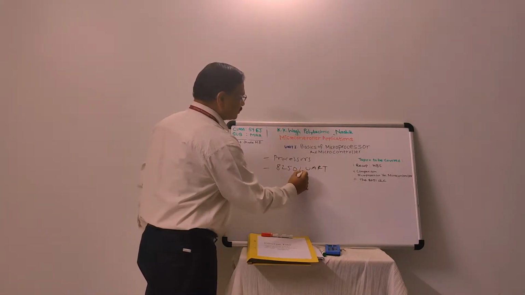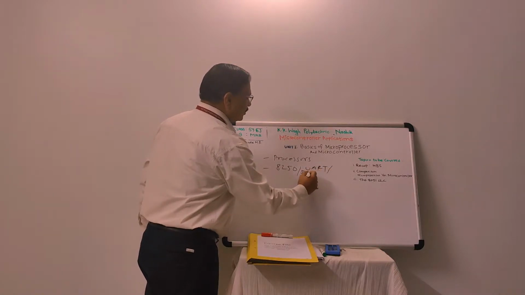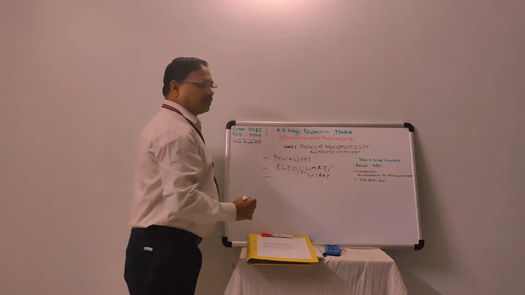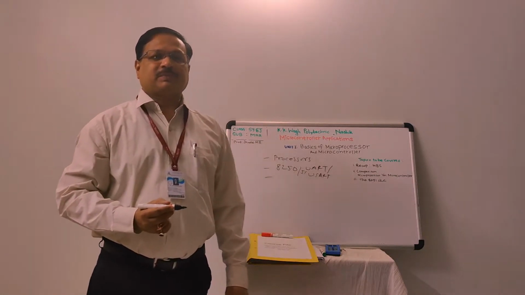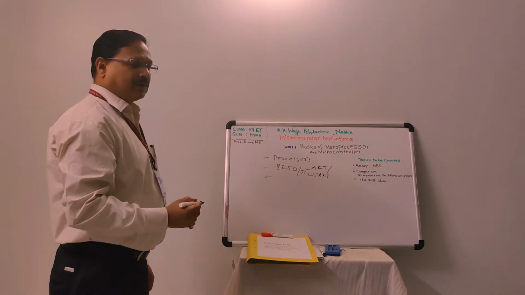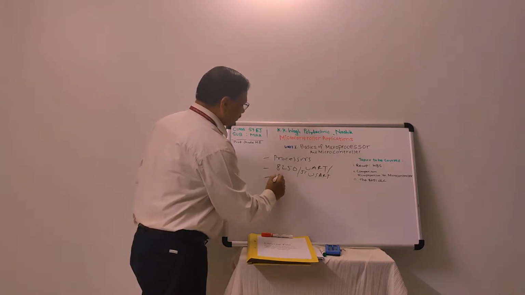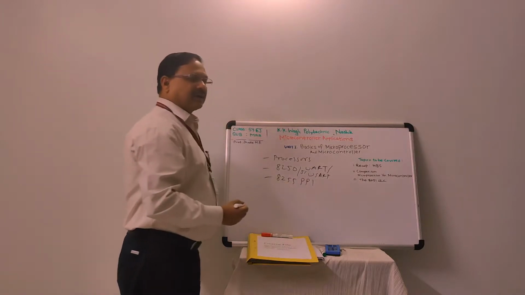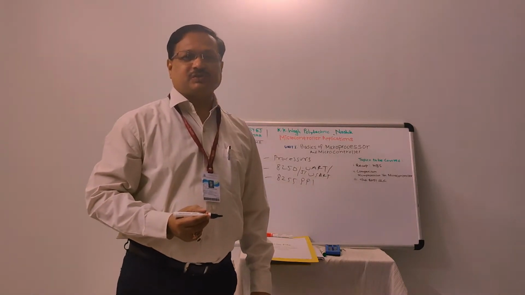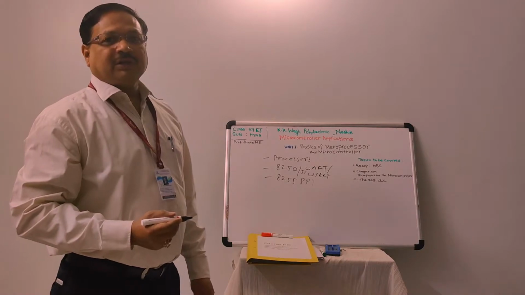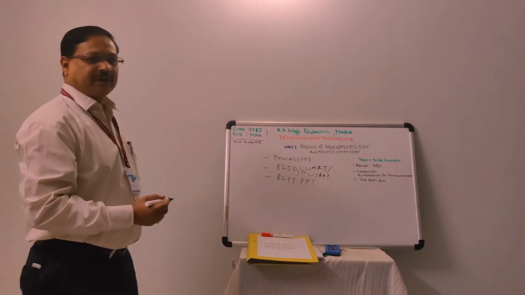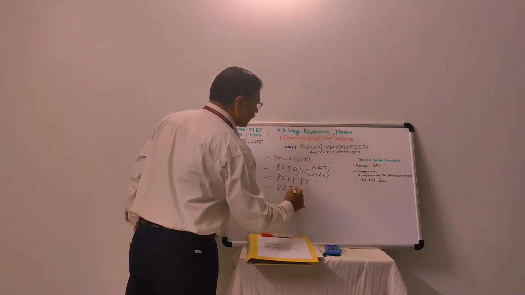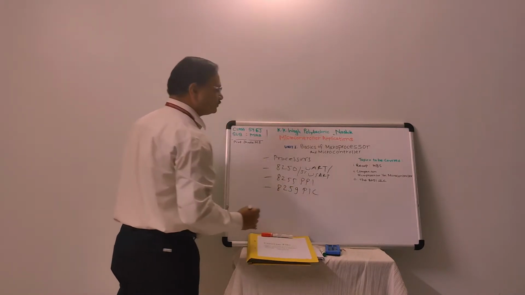8251 is the chip used for USART. Next, you need parallel data transfer. For that purpose, 8255, called the programmable parallel interface. You also need a dedicated chip to deal with the interrupts, called the 8259 priority interrupt controller.